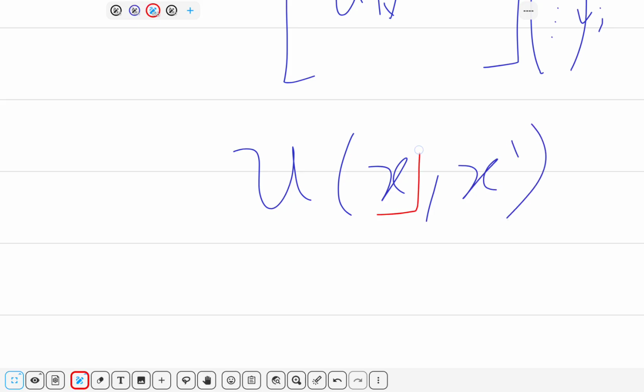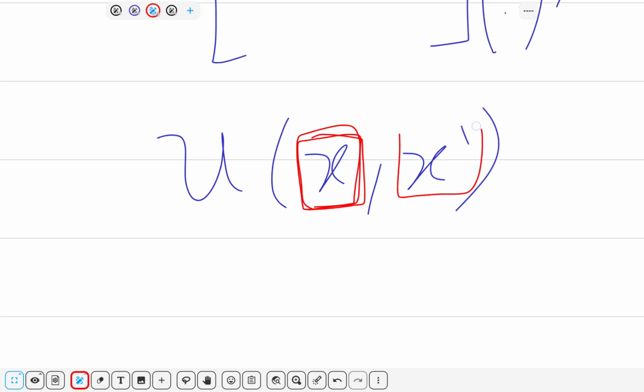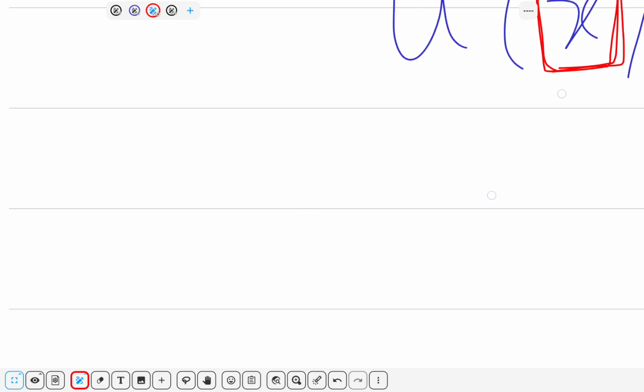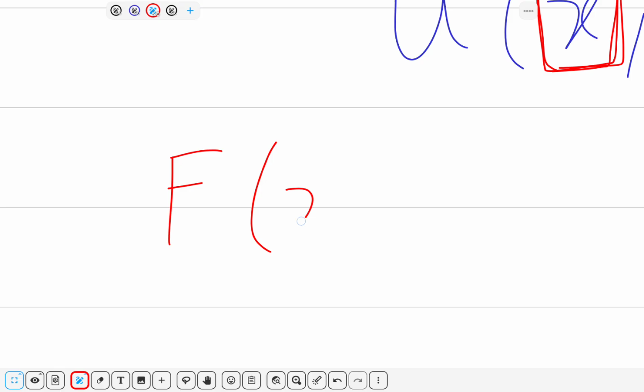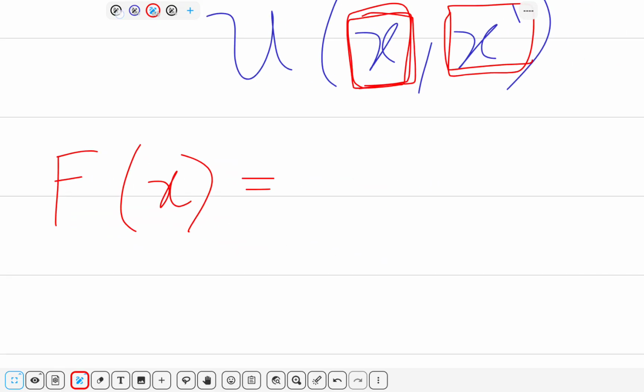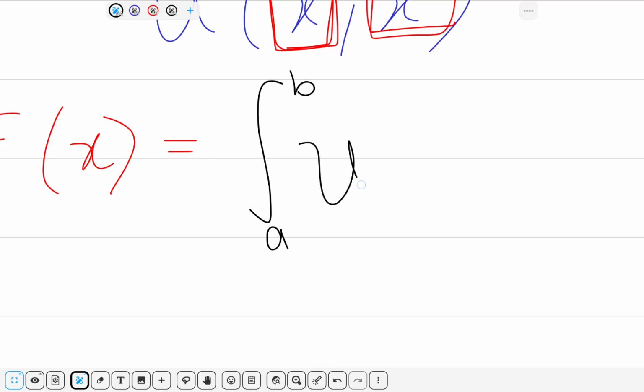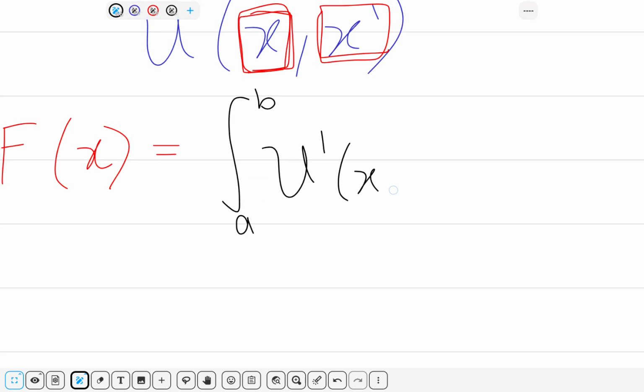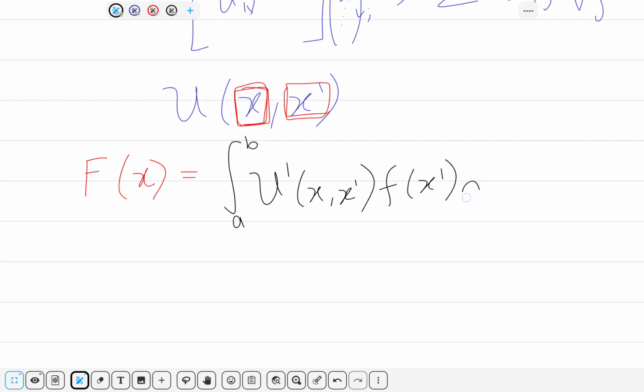You can think of this as the rows, and this thing as the columns. So basically a new function I will get after some transformation will look something like this. So this is the transformation I applied on f of x.